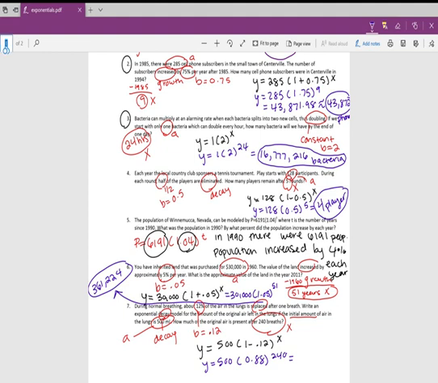Okay. So we get a very small number. So we get 2.37 times 10 to the negative 11.